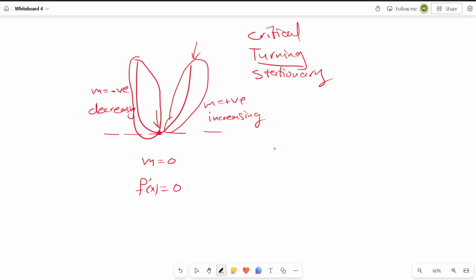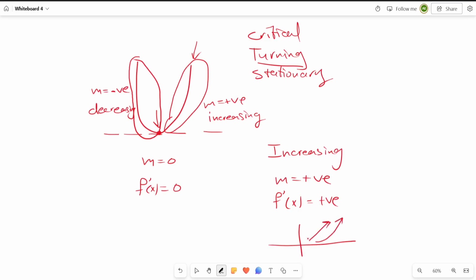So basically, all I want you to know is that the function is increasing when the slope is positive. That means when the first derivative is positive, and the function may look something like this, or like this. They all have positive gradients.